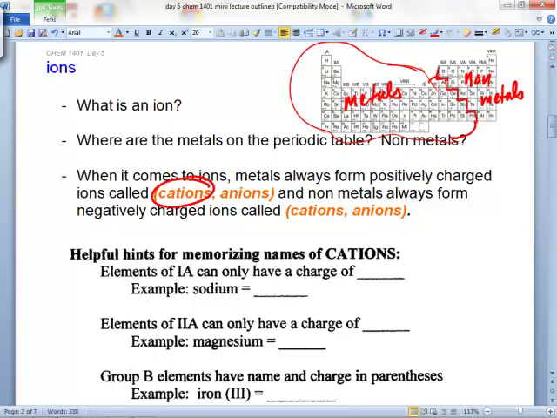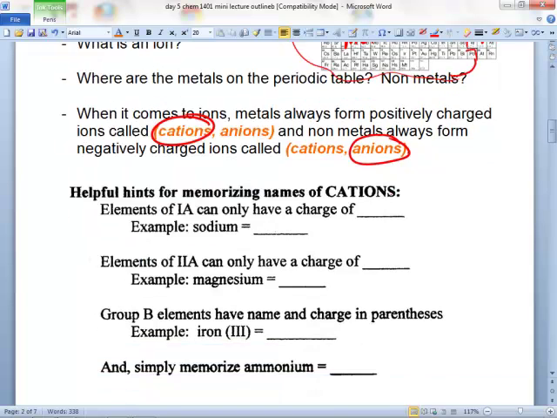They're always going to be negative. If they have to be an ion, they're going to be negative, those nonmetals. Okay. Maybe we call them anions. So that's going to be really helpful when you start recognizing and writing ions and figuring out what they are and naming them. What are the possible charges, all that kind of stuff.